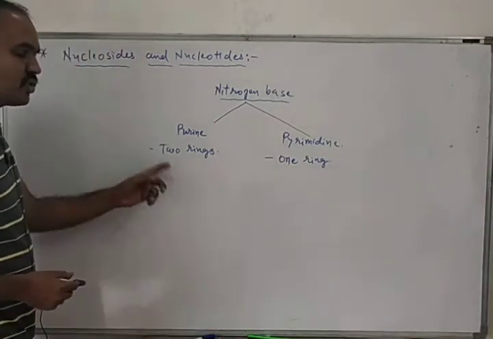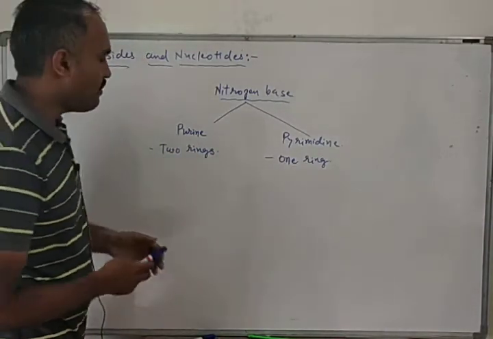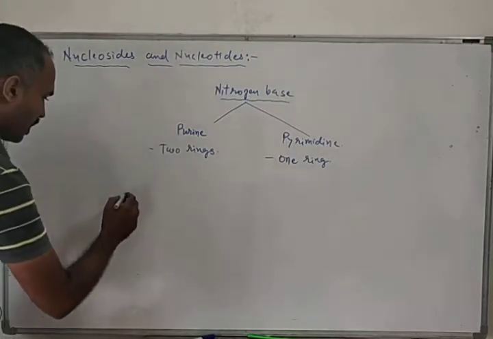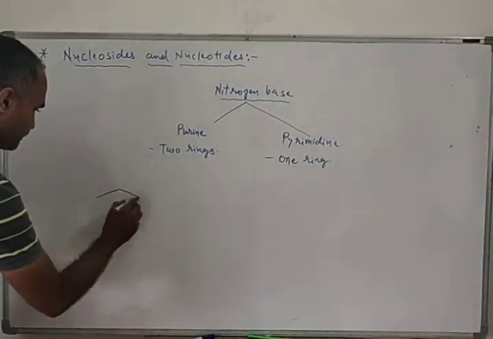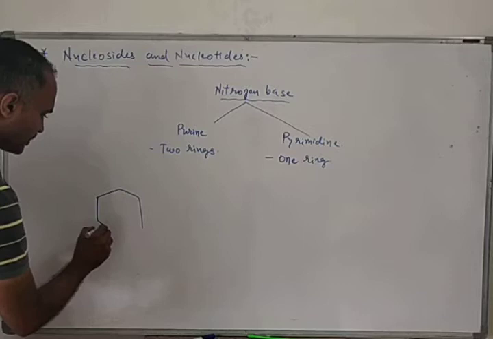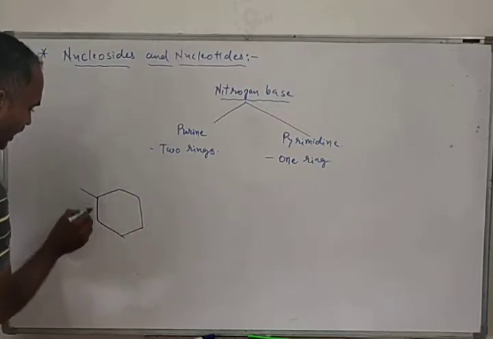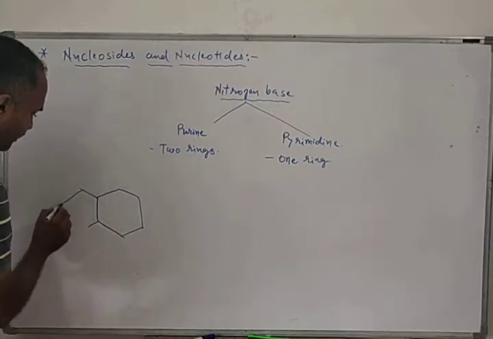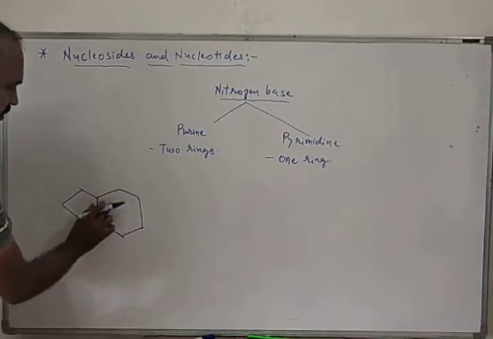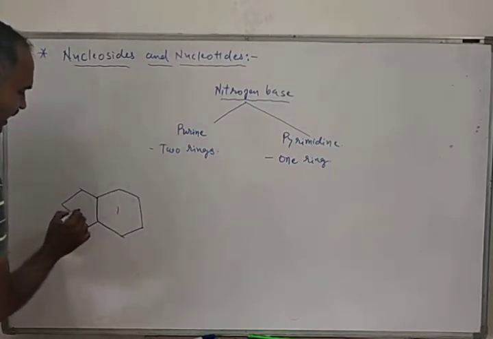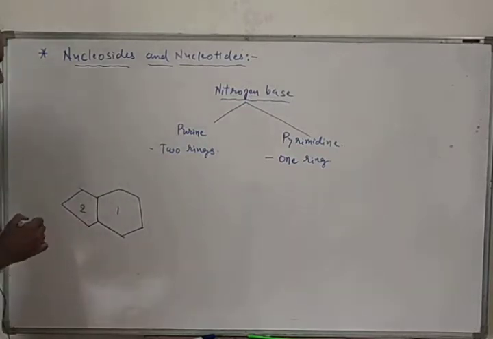Let's draw the figure of purine and pyrimidine. This is one heterocyclic ring, and along with that this kind of heterocyclic ring is found. This is the first heterocyclic ring and this is the second. This one is hexagon type and this one is pentagon type.